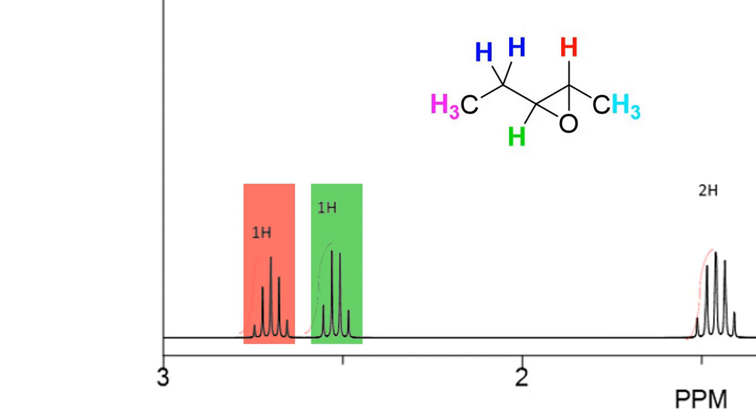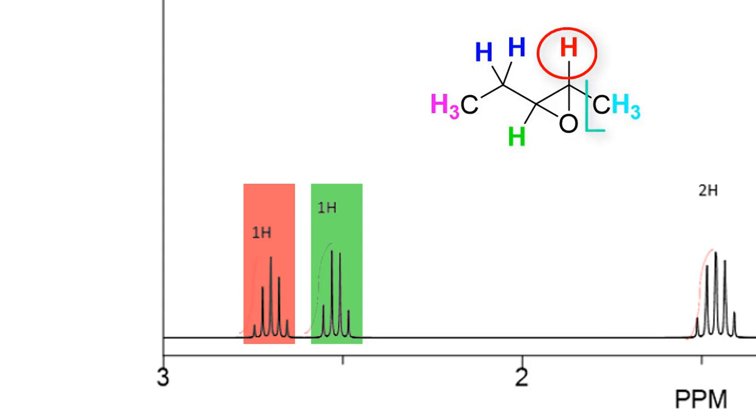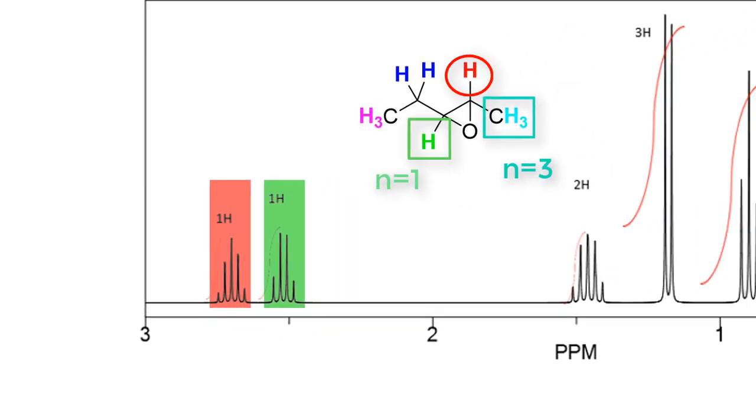So you can see that the green hydrogen has 2 neighbors to the left, the 2 blue hydrogens, and it has 1 neighbor to the right, the red hydrogen. And so because of that, that signal is going to be split into a quartet because N is 3. And then for the red hydrogen, N is going to be 4 because it has 3 neighbors on the right and then 1 neighbor on the left. So this particular spectrum corresponds to the epoxide.